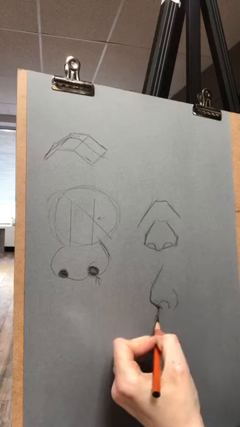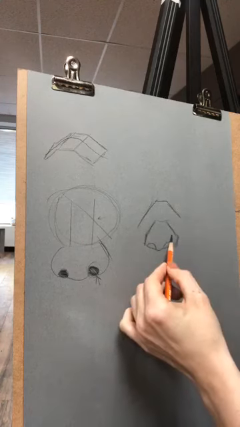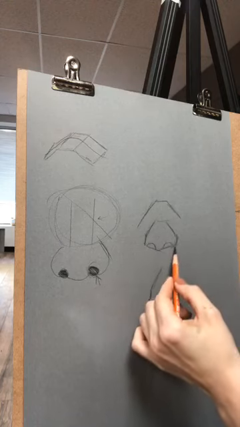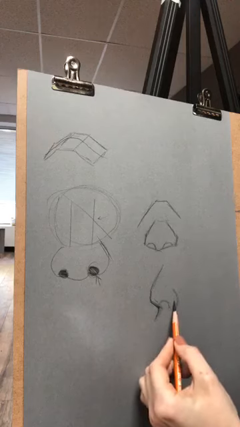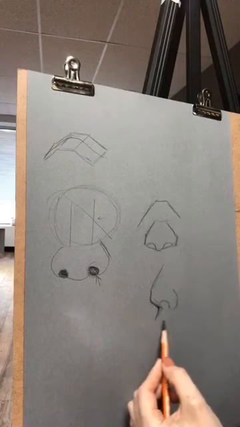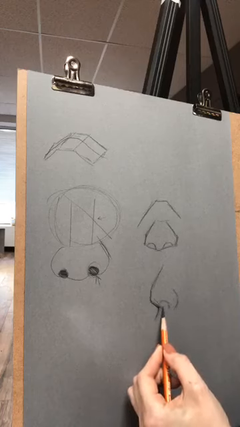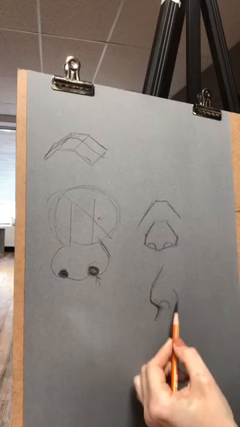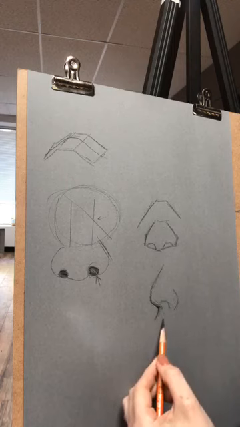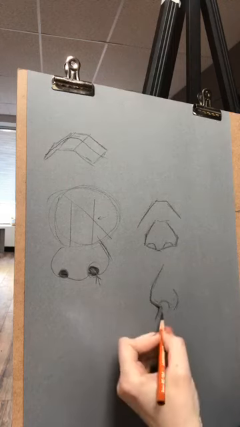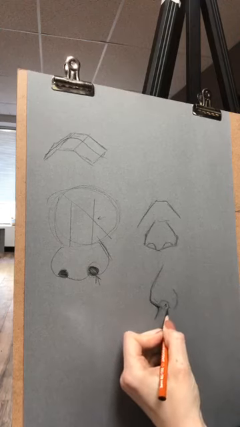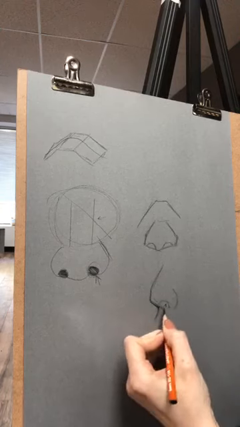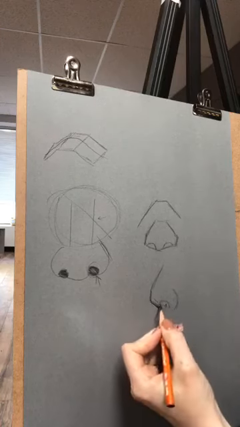But the skin continues here. And then the same thing here around the back wing of the nostril. It's not just closed there. This skin here continues and connects into this mustache area. So there is definitely this kind of arch here, but all this skin from the mustache area just continues into the nostril. The skin there doesn't stop. There is no physical line there. It's just a continuous piece of skin.